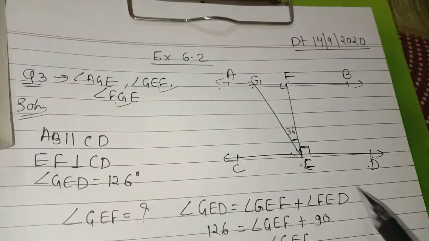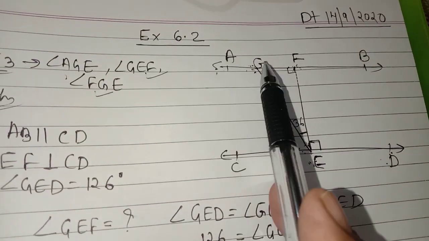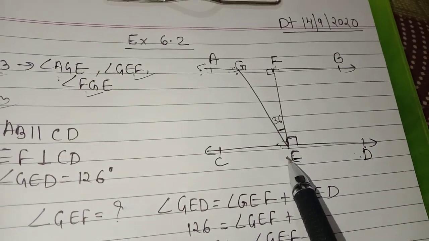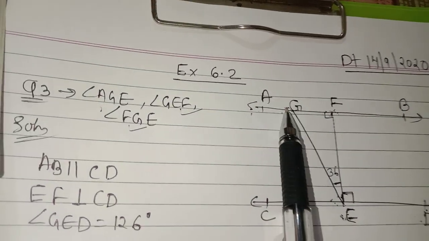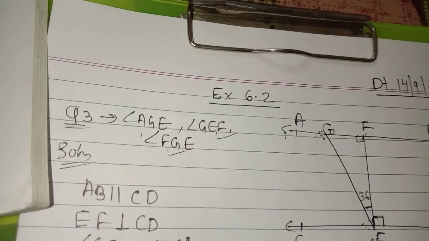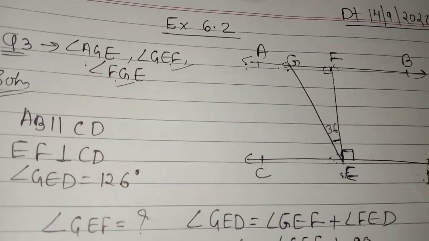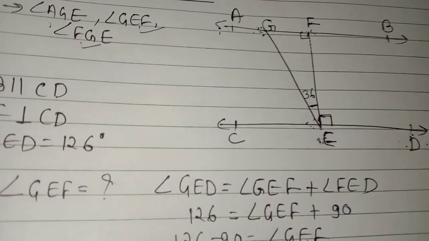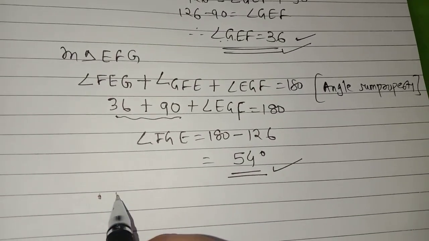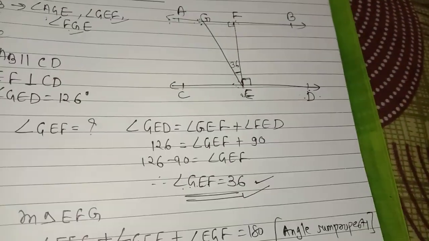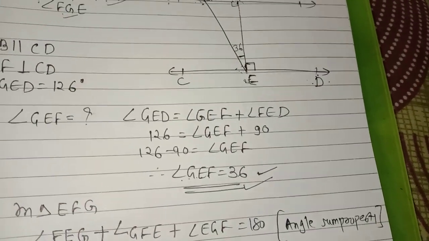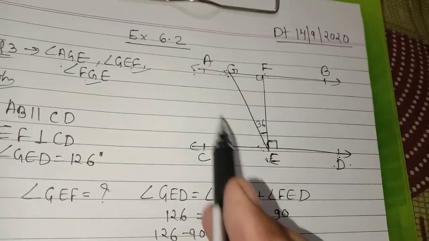Now what is remaining now? Angle AGE. Okay. So AGE. And what is the value of GED? GED is 126, already given. So can we find directly that, we'll write here, since angle AGE is equal to angle GED.